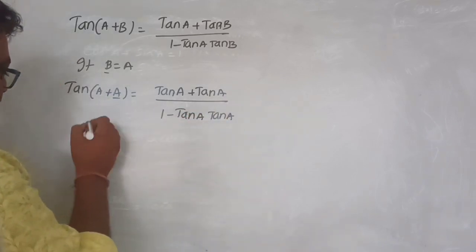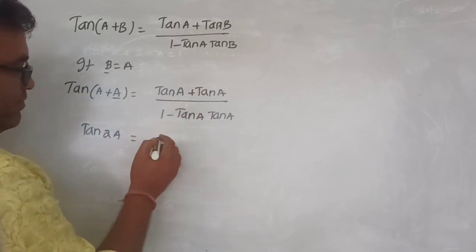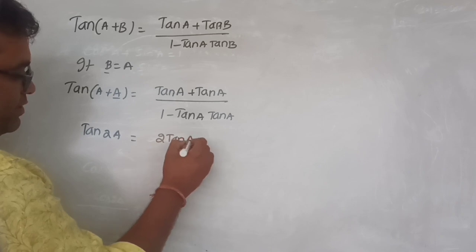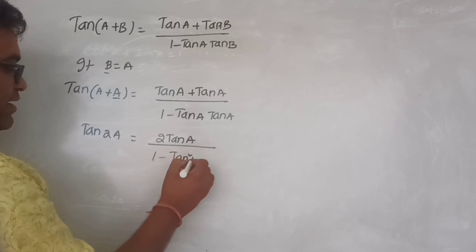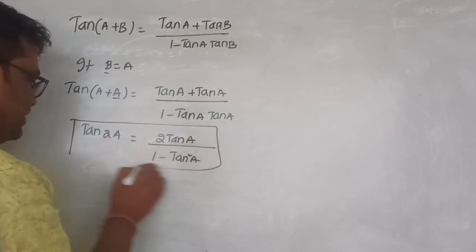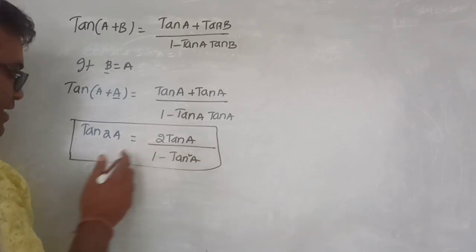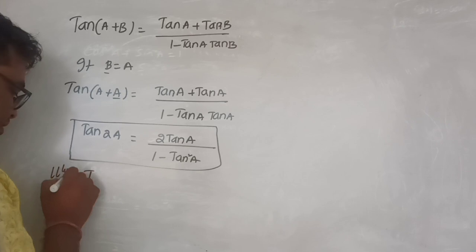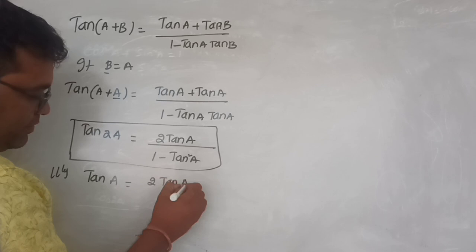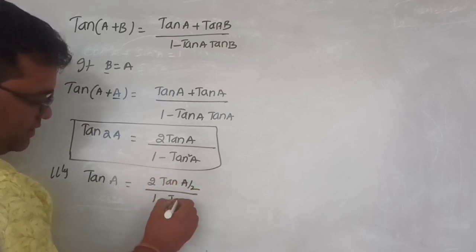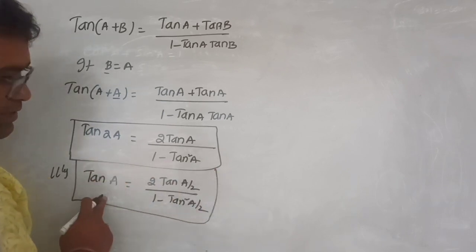So tan a plus a, which is tan 2a, is equal to tan a plus tan a, which is 2 tan a, by 1 minus tan a into tan a, which is tan square a. So we can write tan 2a is equal to 2 tan a by 1 minus tan square a. Similarly tan a is equal to 2 tan a by 2 by 1 minus tan square a by 2. So this is the formula for tan 2a and tan a.